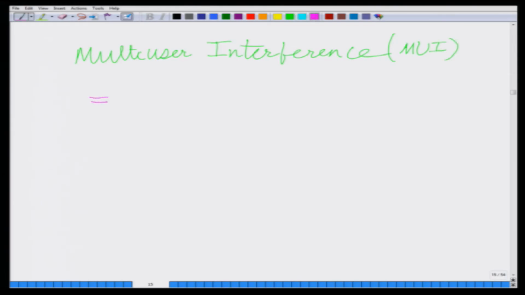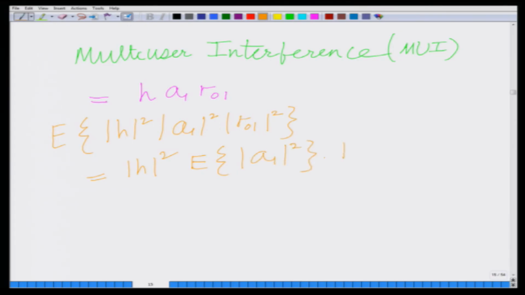So, now if we go back to our multi-user interference, our MUI is equal to H A1 R01. Therefore, the interference power is expected value of magnitude H square, magnitude A1 square, magnitude R01 square, which is equal to magnitude H square times expected value of magnitude A1 square times expected value of magnitude R01 square.